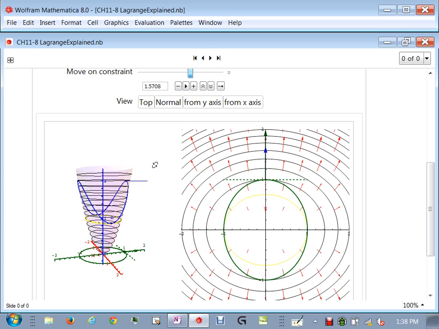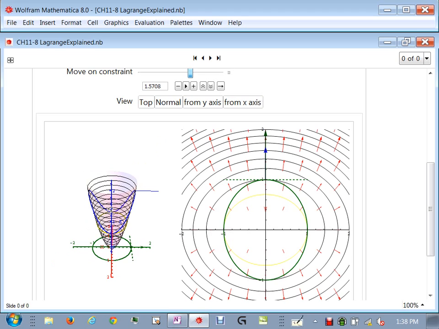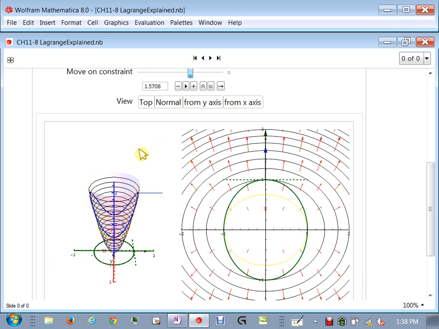Now they're parallel. And where am I on my surface over here? I'm at that maximum point, right? I'm at that highest point. The highest point is occurring where the gradient of both of them are parallel. Y'all see that? Geometrically, I'm trying to convince you that it works.